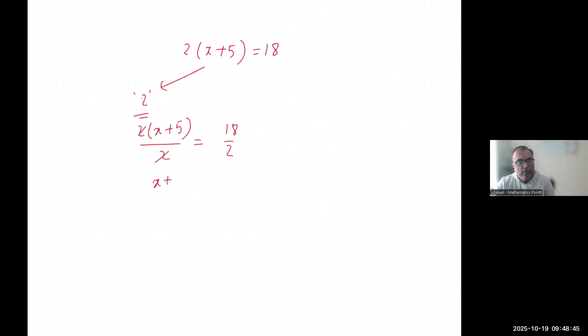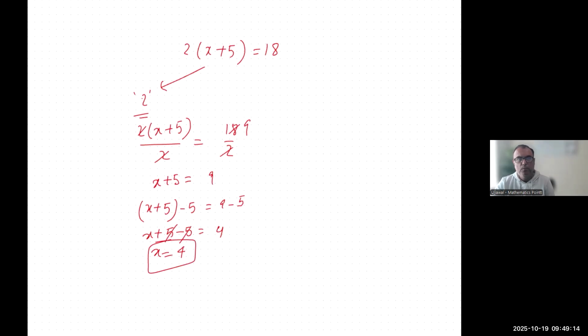X plus 5 equals 9. Now I've got this 5 here, and I can take away 5 on both the sides. So I open the bracket up. X is 4.